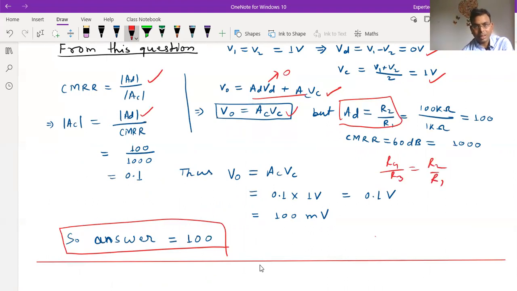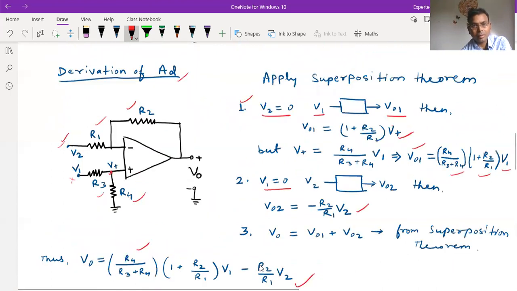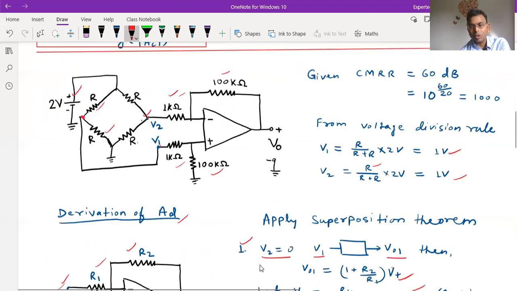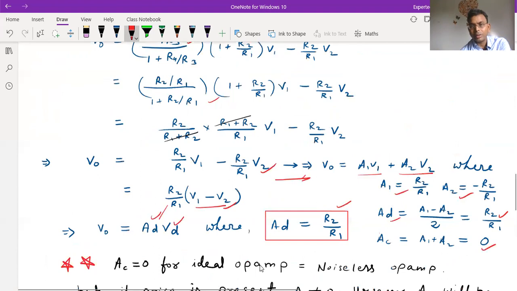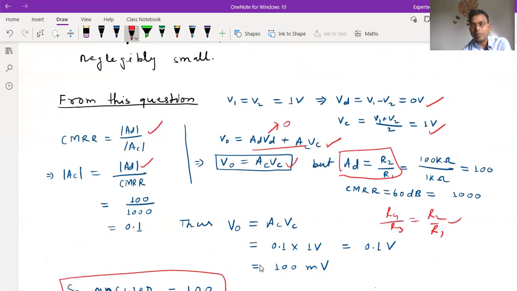From this question, it's given 100 kilo ohm. Here we can see 100 kilo ohm by 1 kilo ohm is equal to 100 kilo ohm by 1 kilo ohm. It is balanced, so we can apply this equation here to derive AD. So AD is equal to R2 by R1, which is 100 by 1, a value of 100.